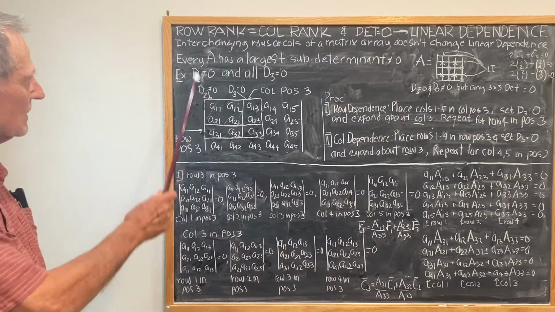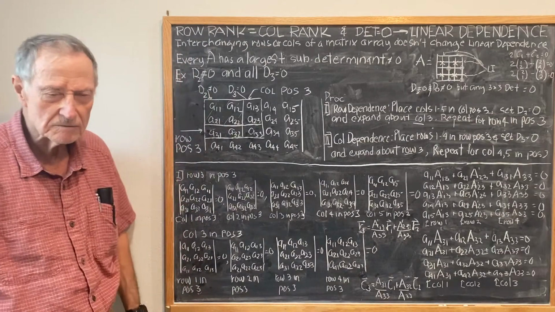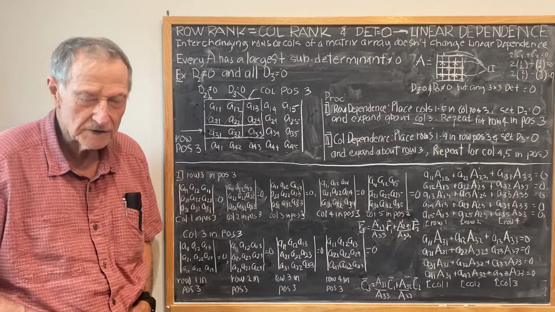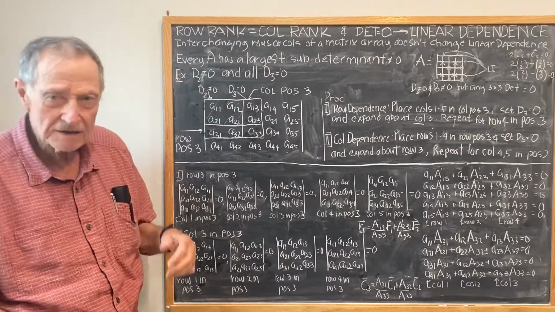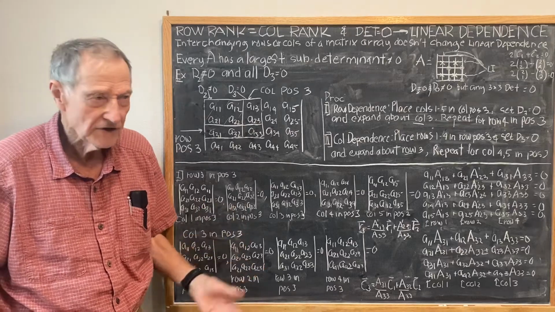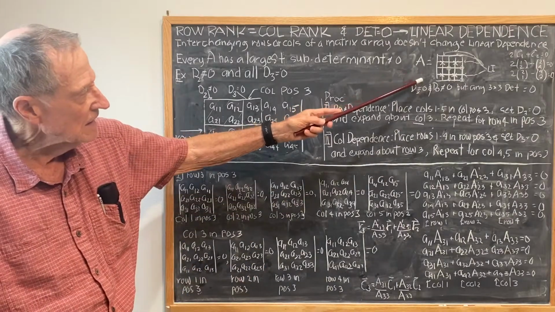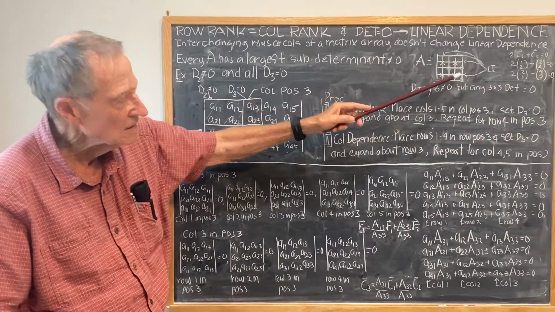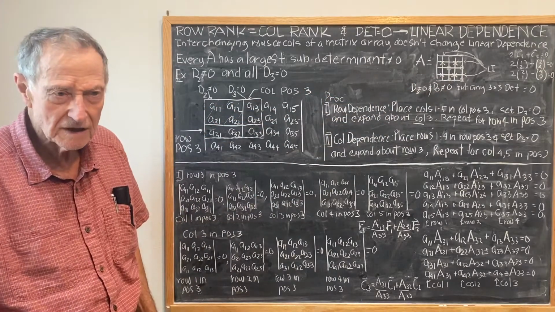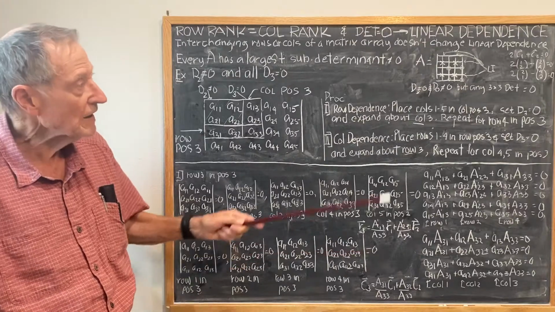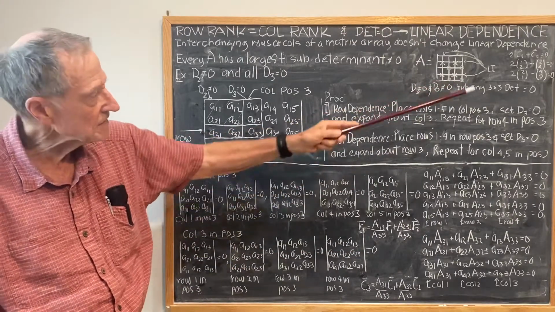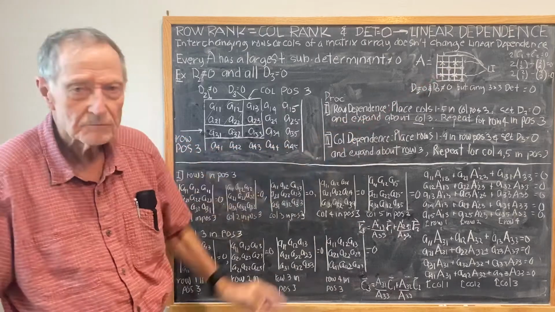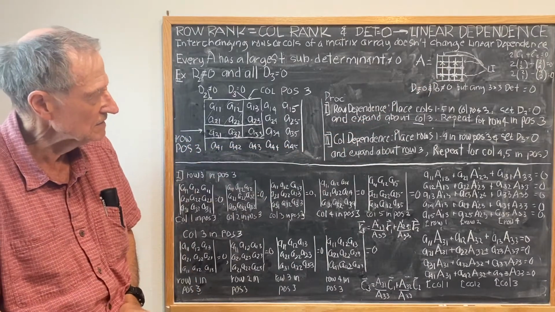Now, I note that every array or matrix has a largest subdeterminant. That's an elementary, obvious fact. For example, if this is an array, the double x's might be the largest subdeterminant of A, and it's also possible that another determinant of the same size, for example, the zeros here, might also be unequal to 0.